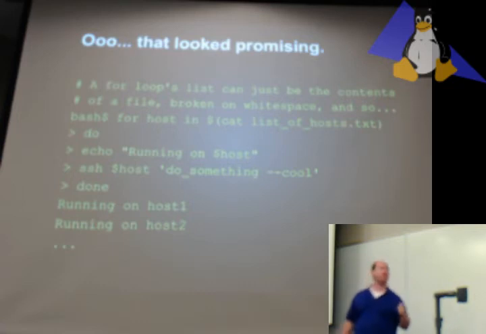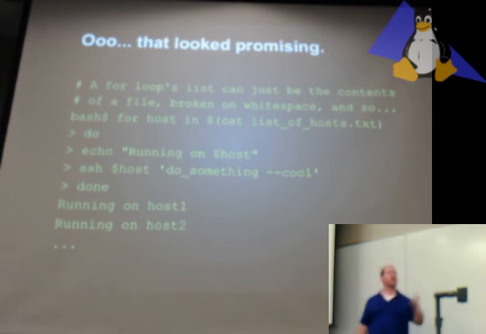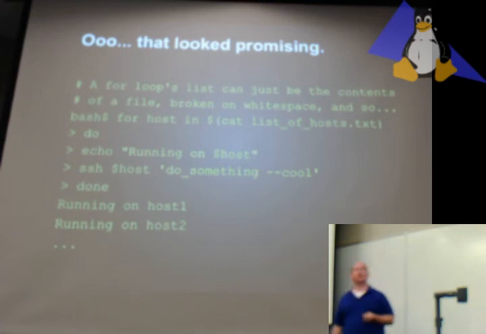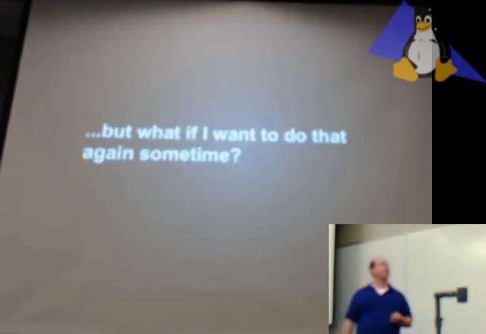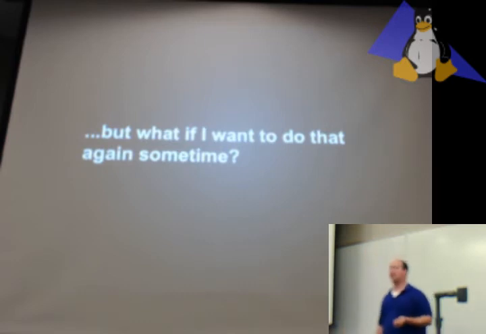I generally use it more these days, but you're basically counting your list of hosts, and for each white space delimited item it finds in there, it'll run the body of the loop. So running on host 1, running on host 2, and it'll do the ssh for you. All right, so that's good, but I don't want to type all that in every time I want to do this either. I am lazy.